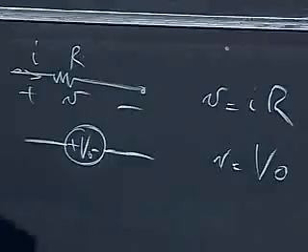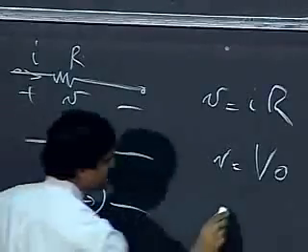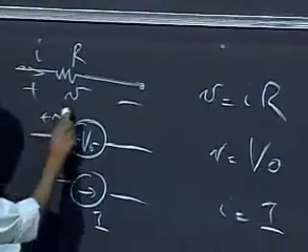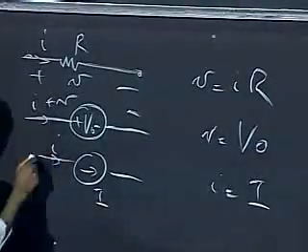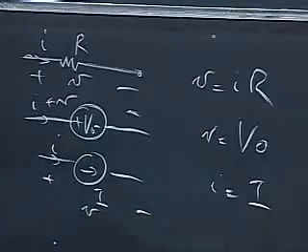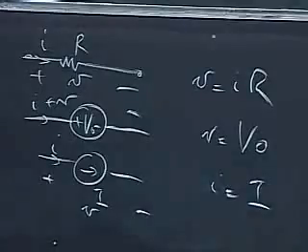That's the element relationship. And for a current source, the relation is I is simply the current flowing through the element.